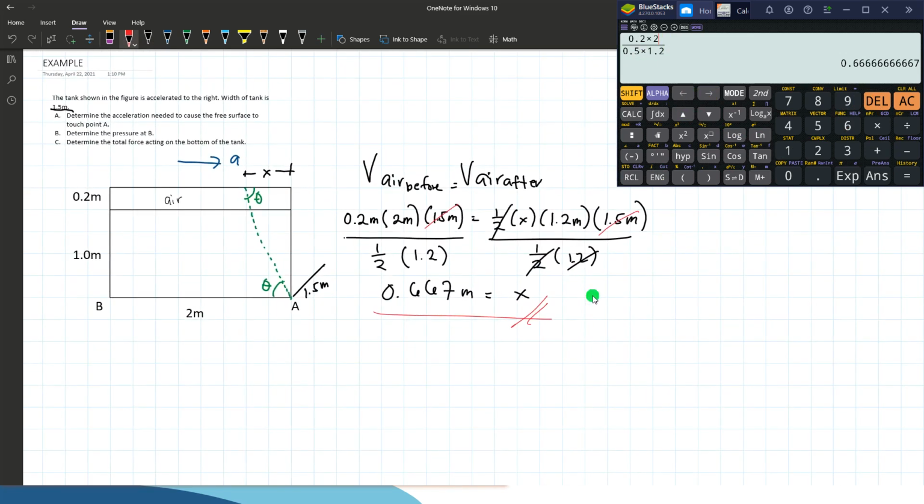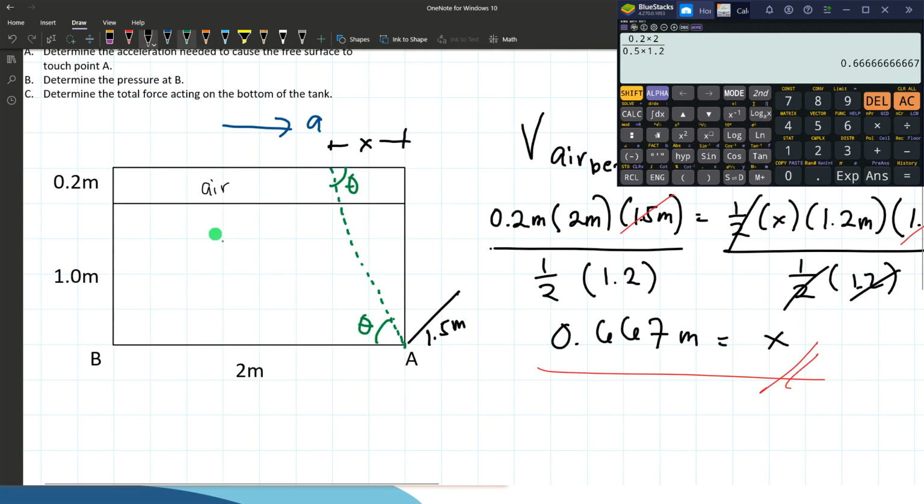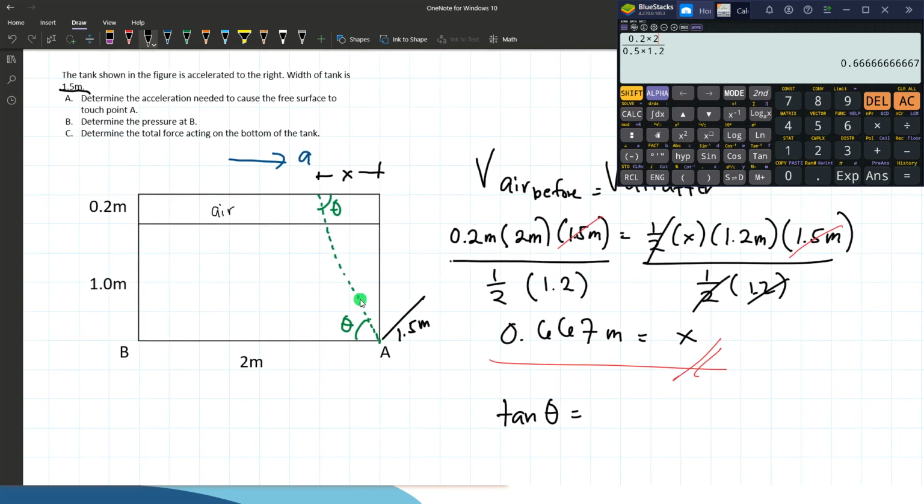From that, we can compute the angle theta. Using this right triangle, we can solve theta by the tangent function: tan theta equals opposite, which is 1.2, over x.